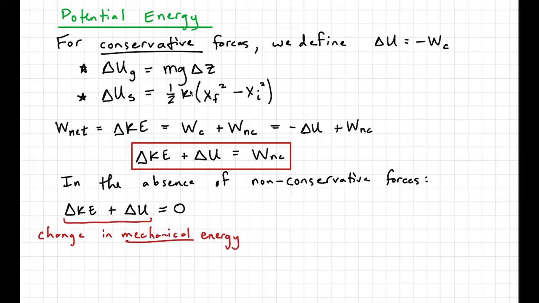And I can write this another way. Instead of having a change in kinetic plus a change in potential, I can write this as the initial kinetic energy plus the initial potential energy is equal to the final kinetic energy plus the final potential energy.